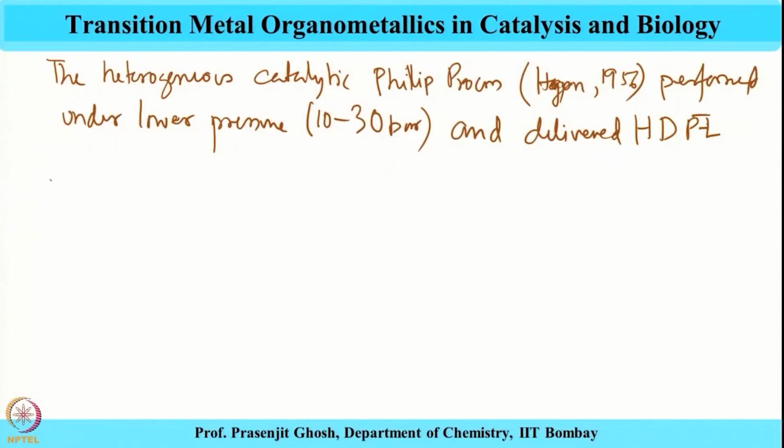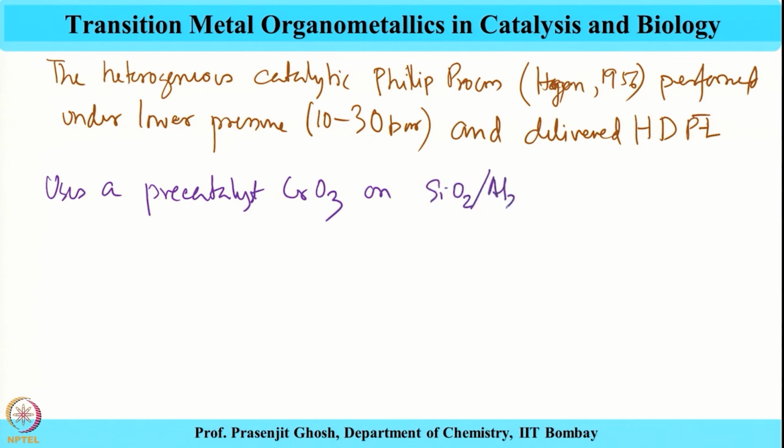The Phillips catalyst uses a pre-catalyst which is chromium trioxide on a silica support, CrO3 on SiO2, Al2O3 support.